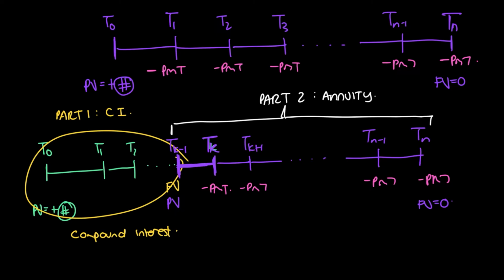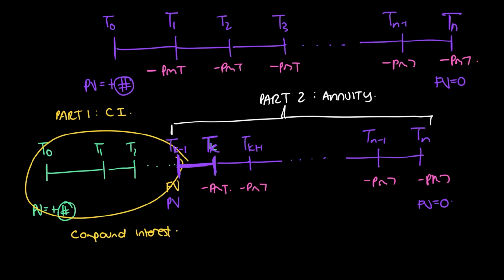The idea is if you have a deferred annuity, you have to remember how your annuity works. If it's an ordinary annuity, then you need the present value one time step before you start making your payments. That's why we colored in the one time step over here, because we started making our payments over here. So one time step before, that's the present value we need to match how ordinary annuities work.